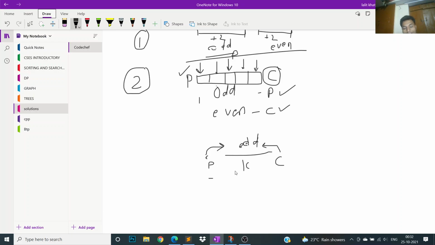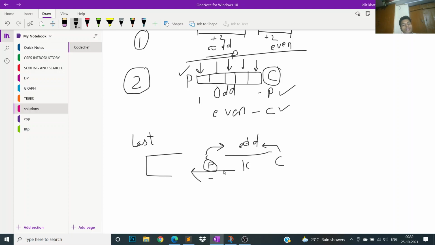So he will just go this side. At any point he will just get stuck at the last end.